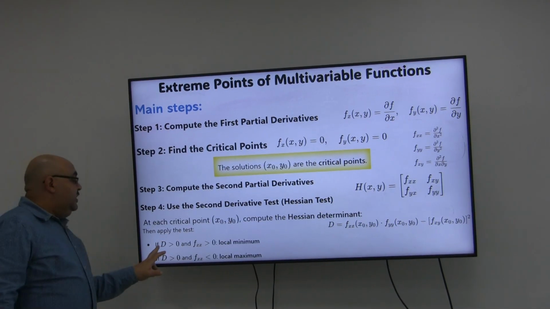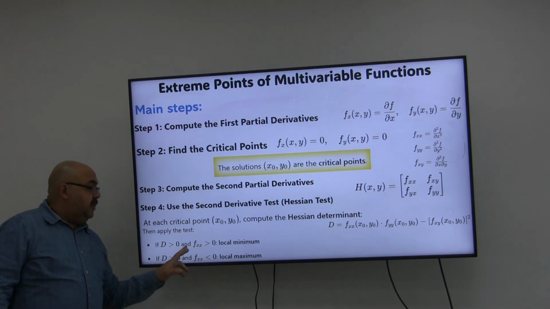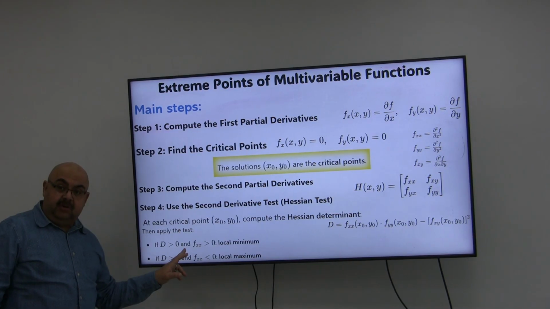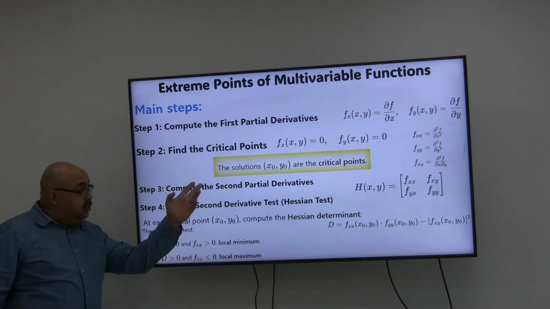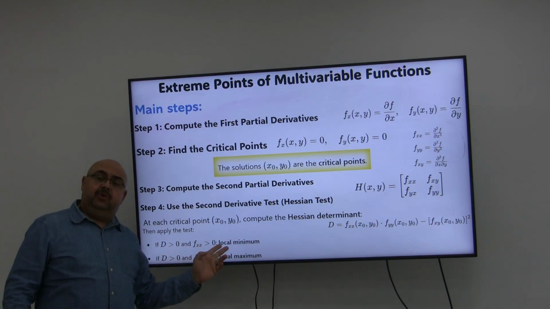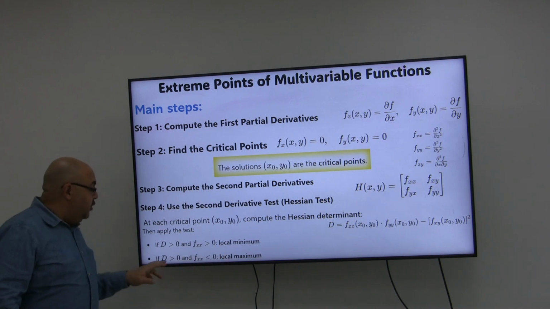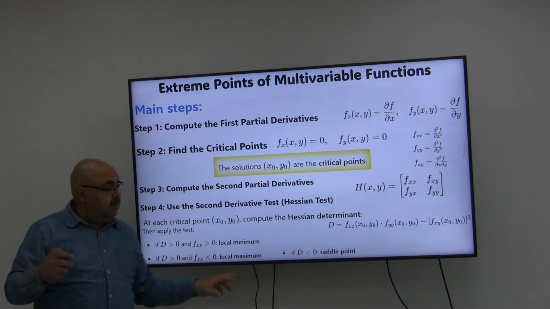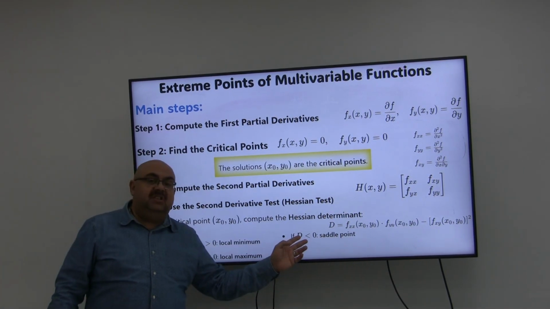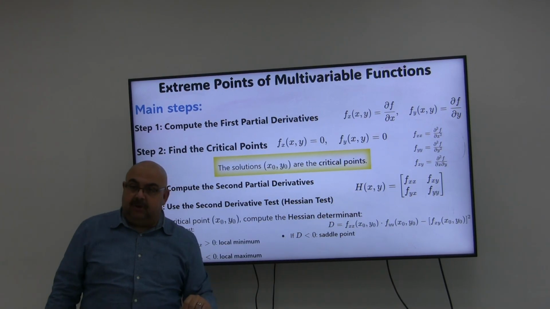So, if D is greater than 0 and f double x is greater than 0, it means the second derivative of the function with respect to x is greater than 0 at your point, then you will have a local minimum. And if you have D greater than 0, but f double x less than 0, then you will have a local maximum. Of course, if D is negative, you will have a saddle point.